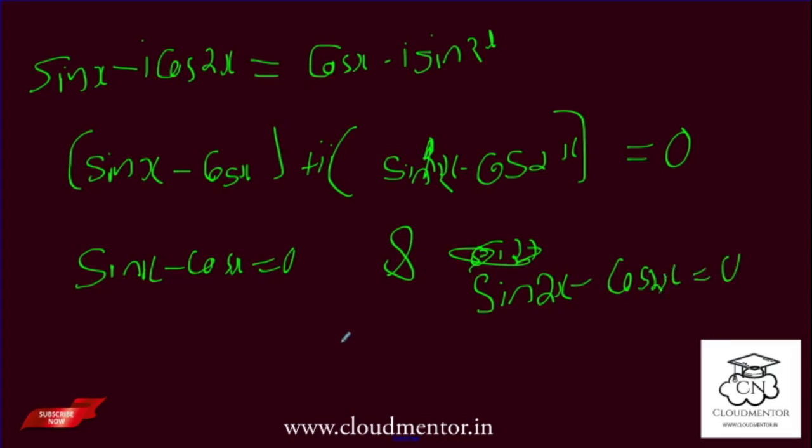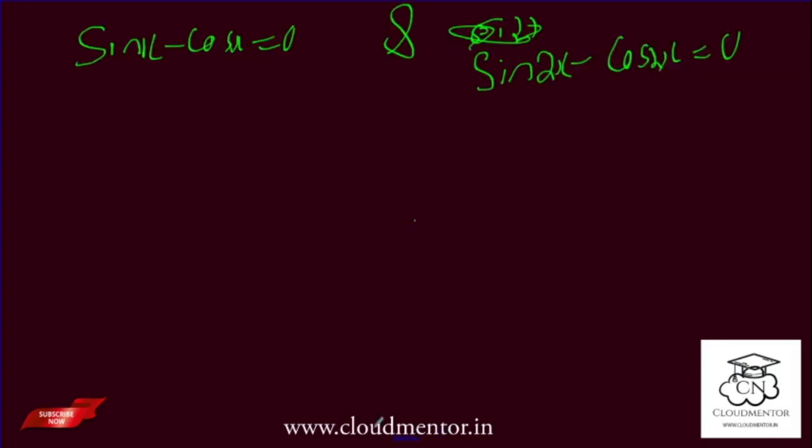Yes, so we get sin x equal to cos x and sin 2x equal to cos 2x, so that means tan x equal to 0 and tan 2x equal to 0.